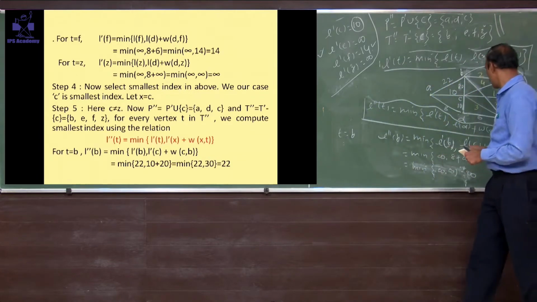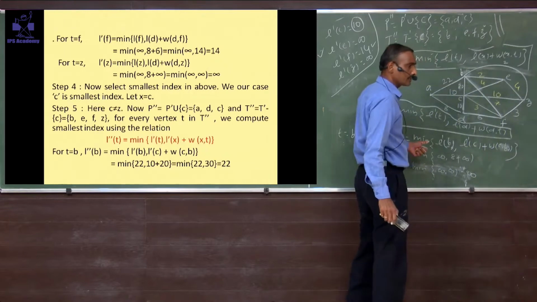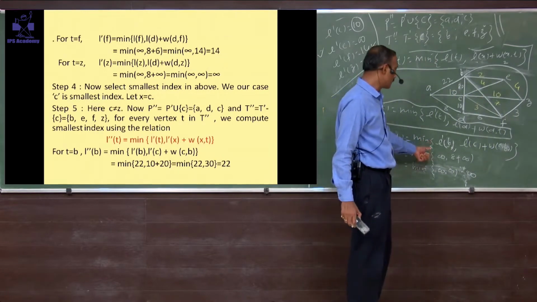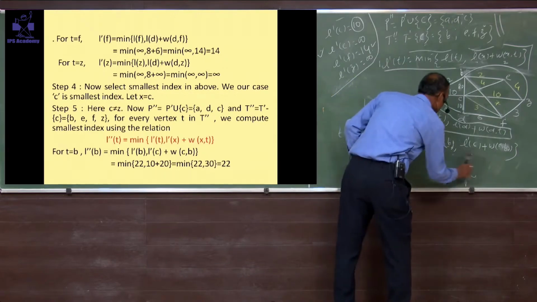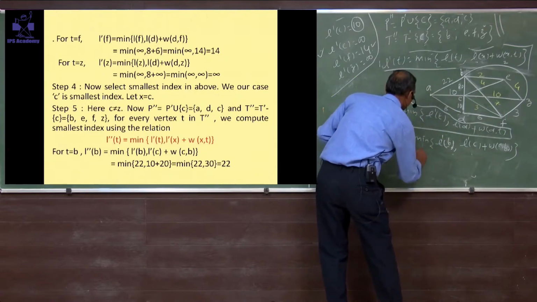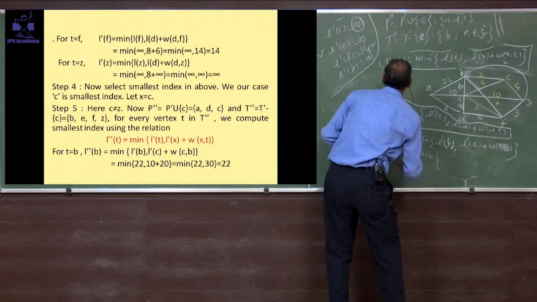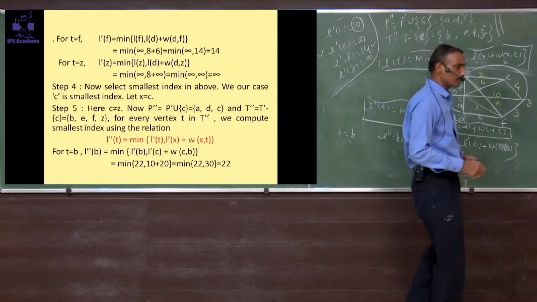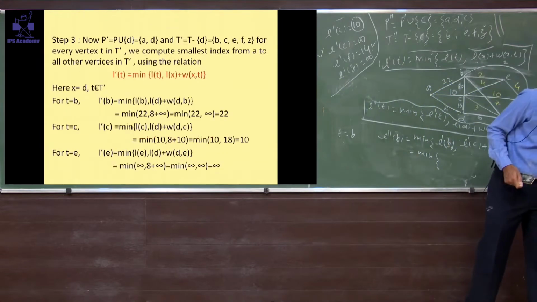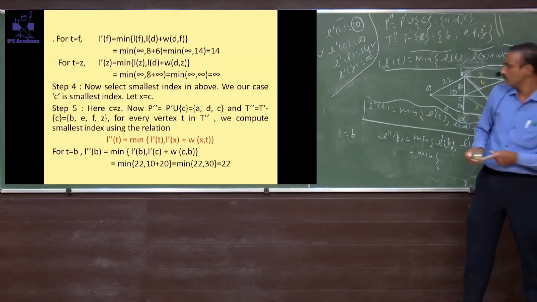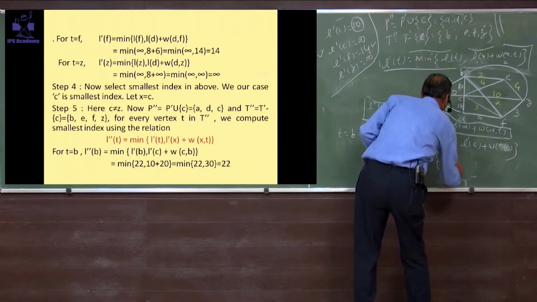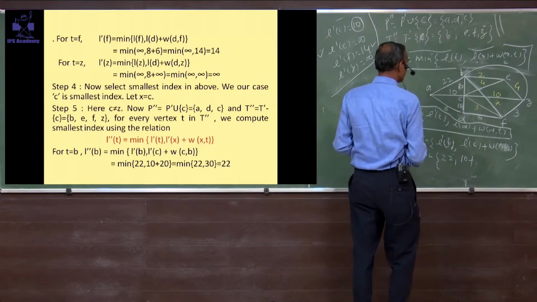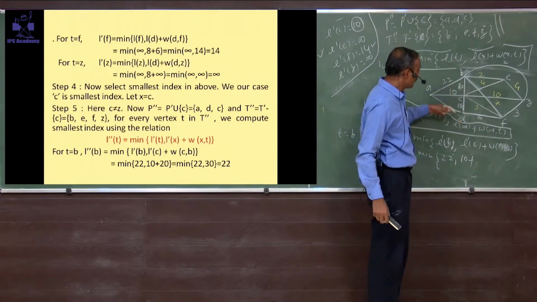So here we take the elements B: L'(B), and L'(C) plus W(C, B). Let's put the values. What is the value of L'(B)? In the previous slide, L'(B) is 22. So 22, and L'(C) is 10 plus W(C, B).